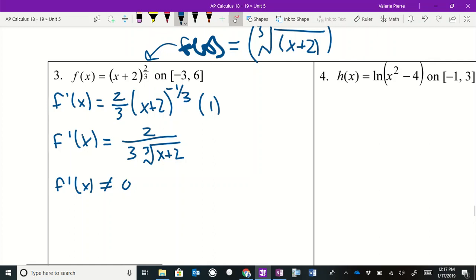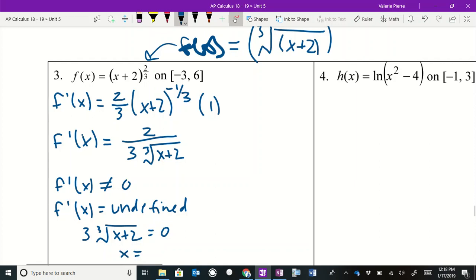So f prime of x is undefined when 3 times the cubed root of x plus 2 equals 0, which occurs when x equals -2.